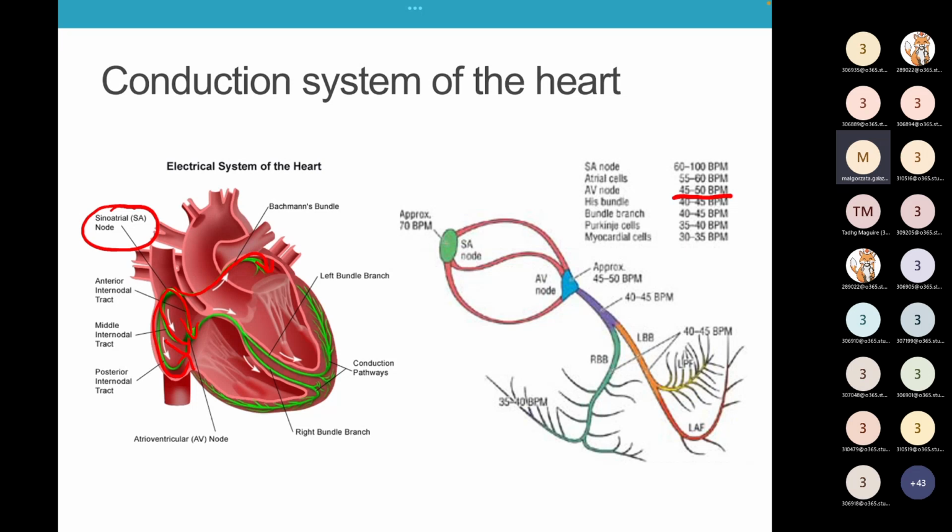The action potential from the AV node is then conducted to the bundle of His, the right bundle of His, left bundle of His, and then Purkinje fibers.